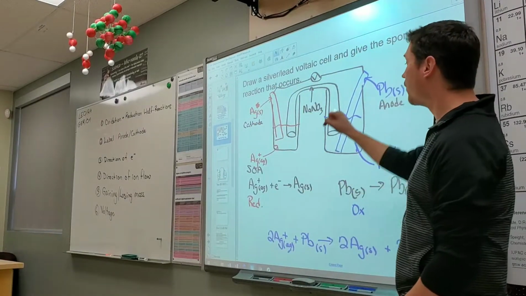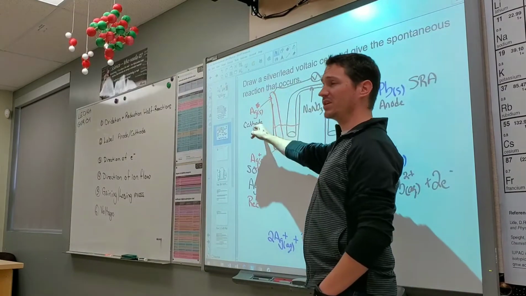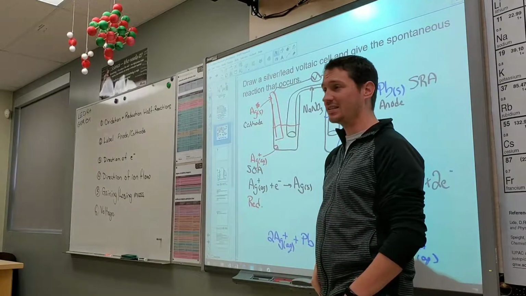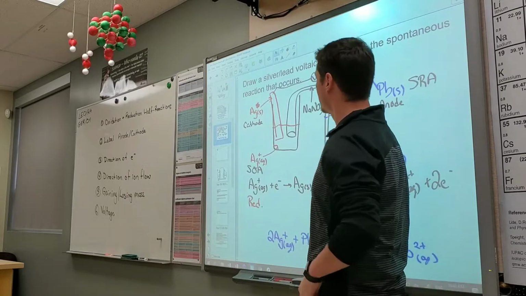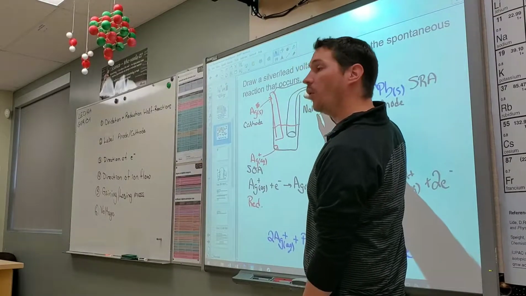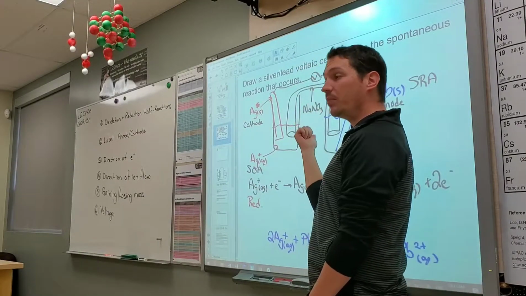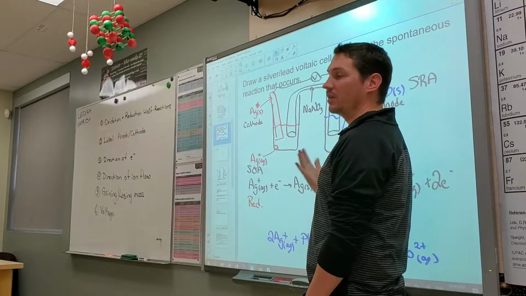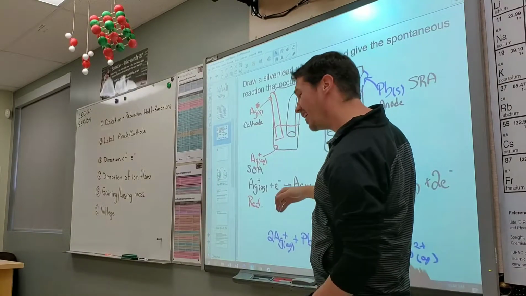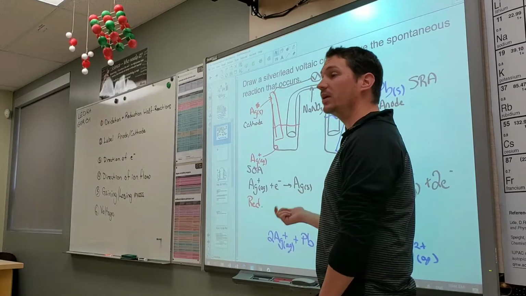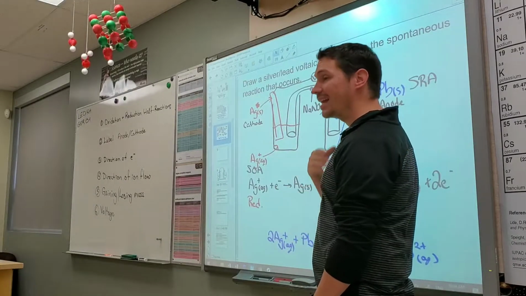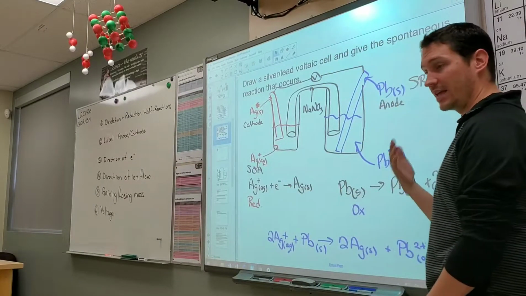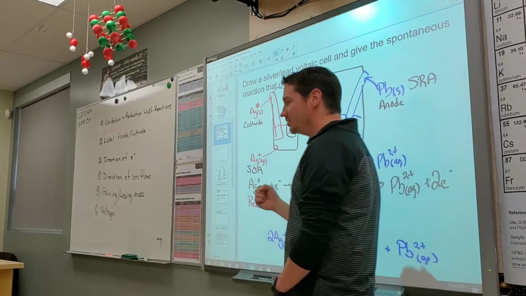Why do we want to force the electrons to go through this wire? What's the purpose of that? So we can power things. If I got rid of this voltmeter and stuck a light bulb there, then we could power the light bulb. If I got rid of the voltmeter and stuck a speaker there, then we could power the speaker, right? That's the whole purpose.